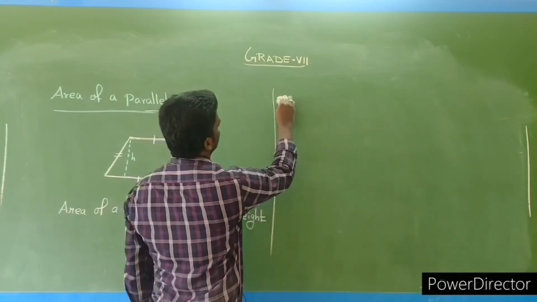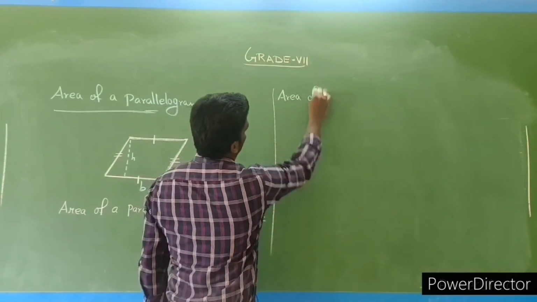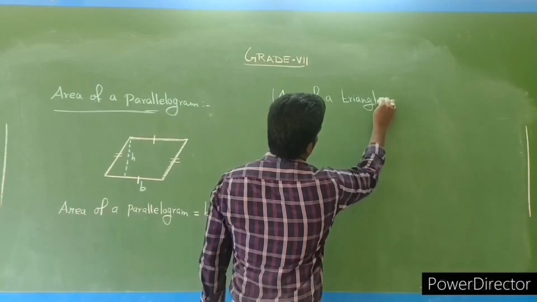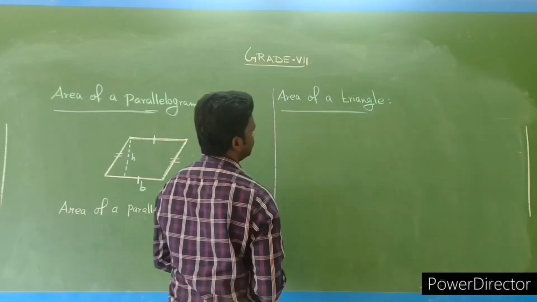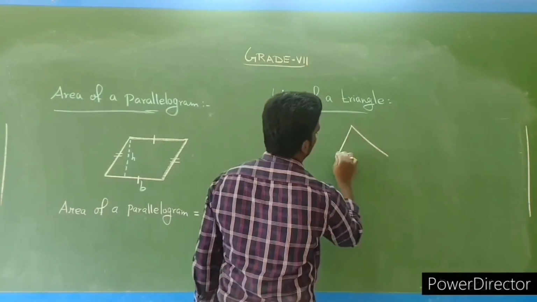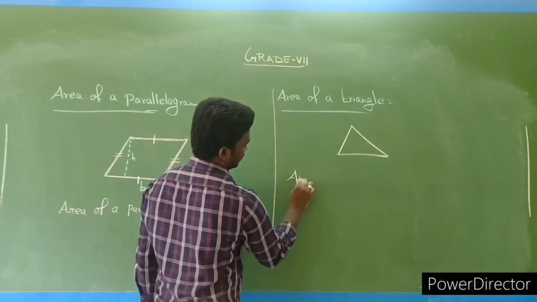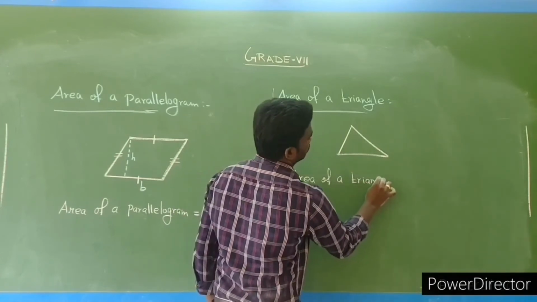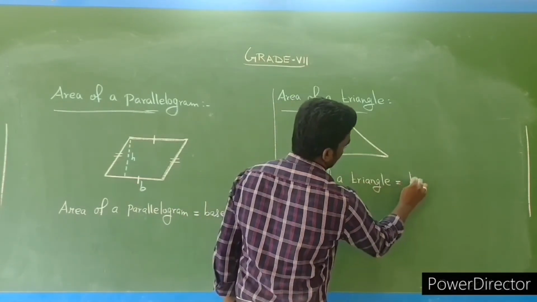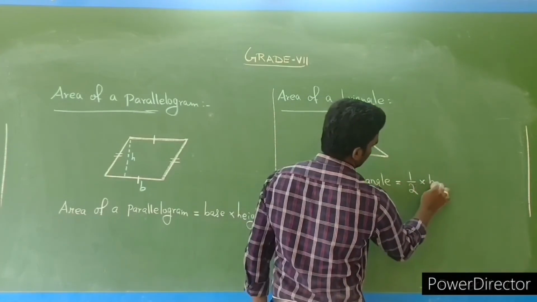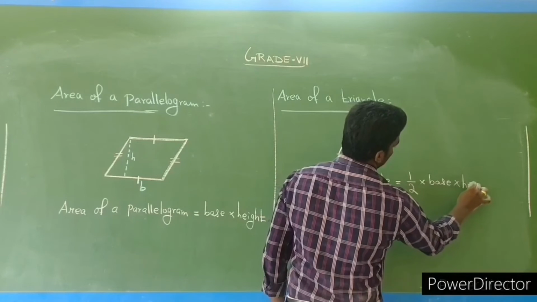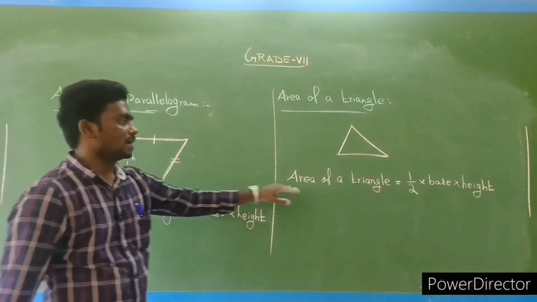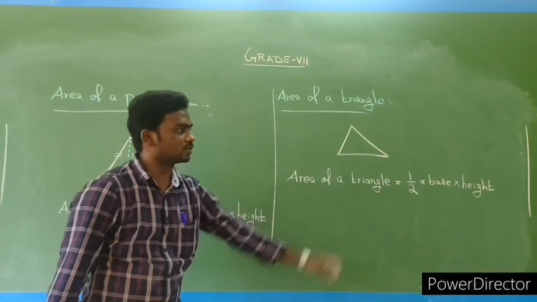Next, area of a triangle is half of base into height, half into base into height. Area of the parallelogram is equal to base into height, and area of the triangle is equal to half of base into height.